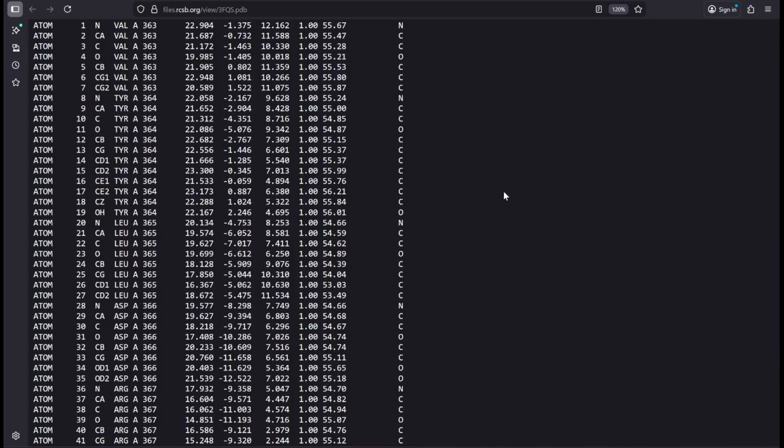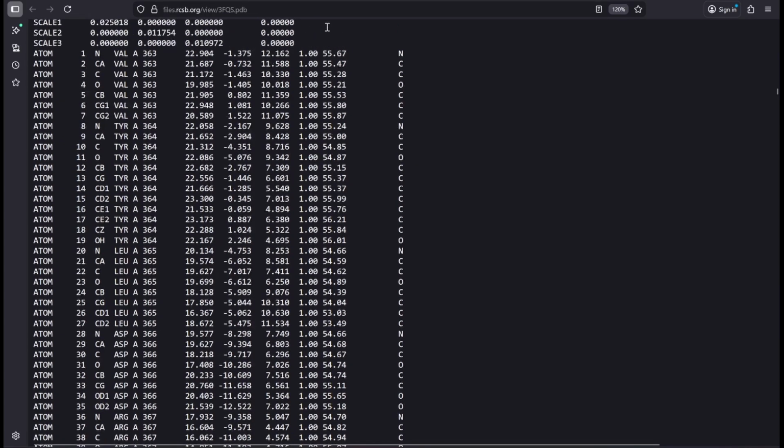Sir, the one with the second last row. Second last row, that means it's 55.67, 55.47, this one? Yeah, exactly. So that is the column that tells us about the B factor.